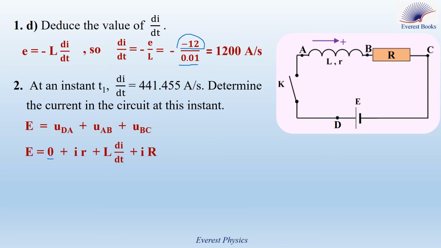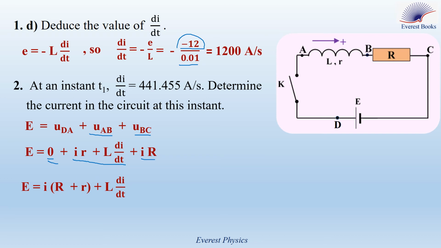It is the voltage across a closed switch. U_AB, the voltage across the coil, we follow the positive sense, so it is ri plus L di/dt. Similarly, U_BC is equal to plus Ri. Rearrange: E is equal to i times (R plus r) plus L di/dt.